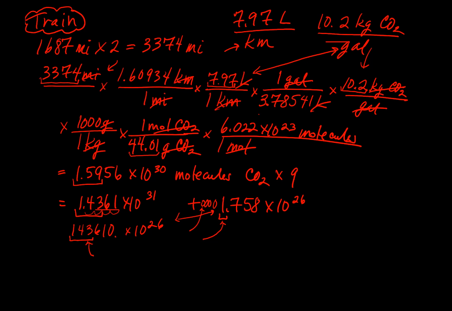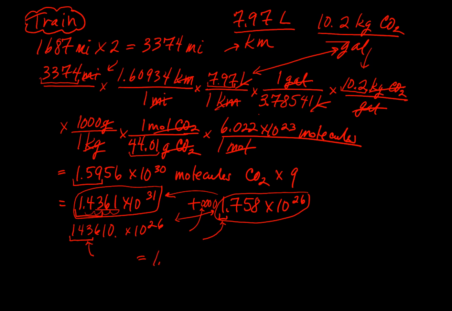So what this essentially means is that when you add this number to this number, it's not going to change this number. And in fact, not even considering significant figures, it won't change that number. So let's just do the addition here. The first number plus the 1.758 times 10 to the 26th will give you the same number.